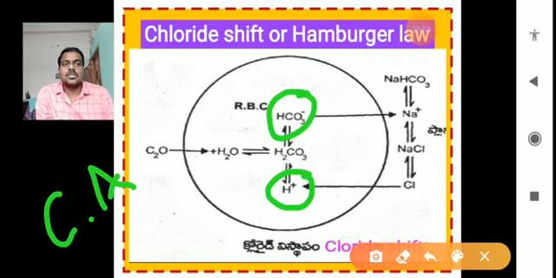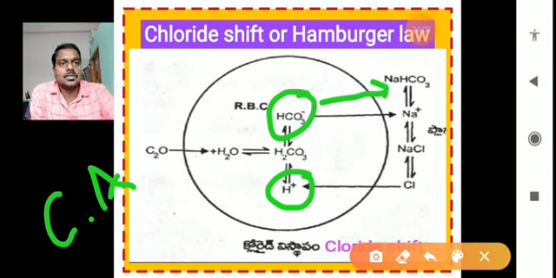This HCO3 minus does not stay in the RBC; it comes out through the plasma membrane of the RBC and is eliminated into the plasma. But the number of H plus ions increases when carbon dioxide is added into the RBC.